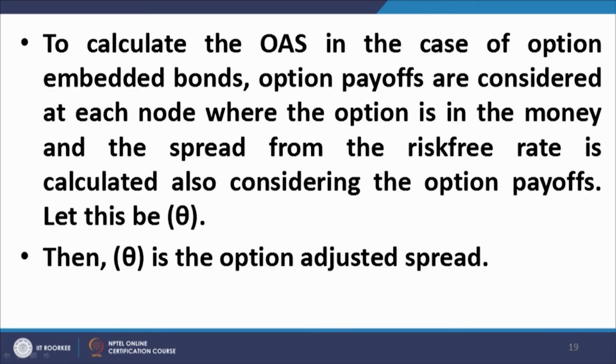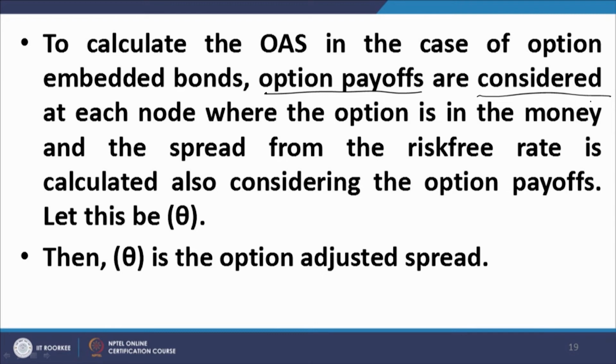So, let me read it out again. To calculate the option adjusted spread in the case of option embedded bonds, option payoffs are considered. So, we are considering explicitly the option payoffs. At each node we examine whether the option is in the money. If the option is in the money, then we replace the computed value with the option exercise price.